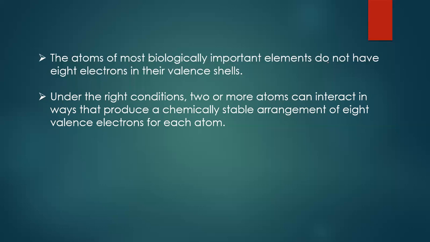So this now brings about the types of bonding. Depending on the conditions, and on the types of atoms or elements that are interacting, they can bond either ionically or covalently. Or there are also other very weak types of bonding, like hydrogen bonding.